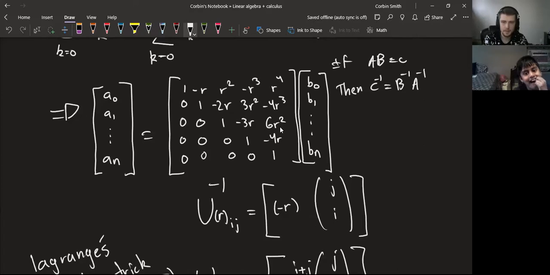Well, we could have a minus 1 to the I plus j, but the powers of r do not behave that way. It should be I plus j minus something, or a product.